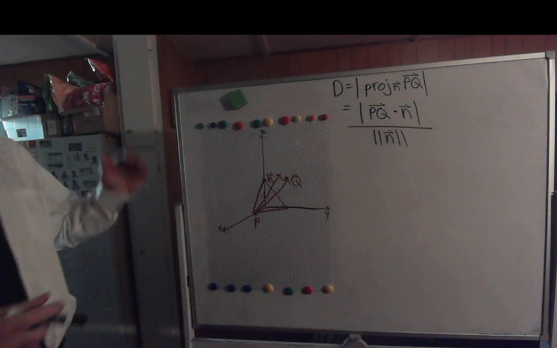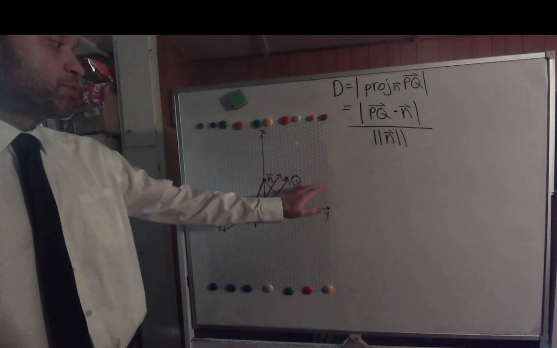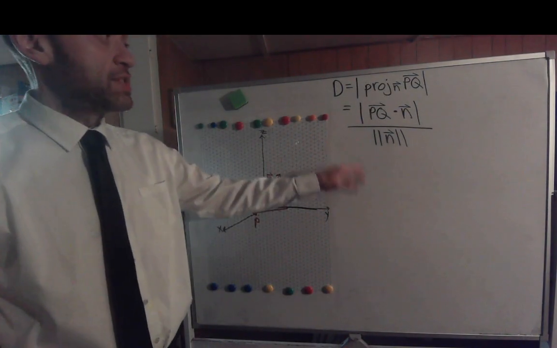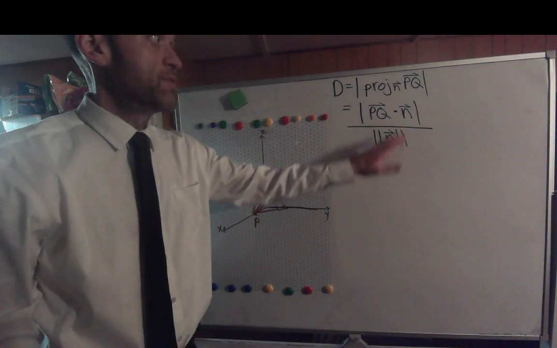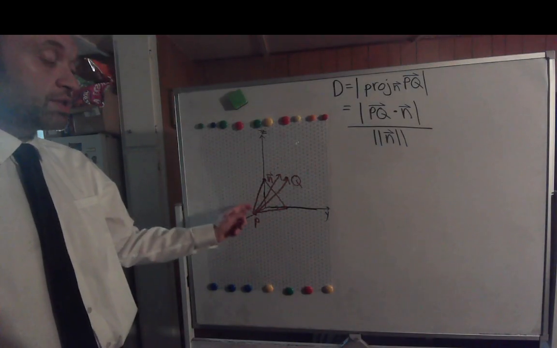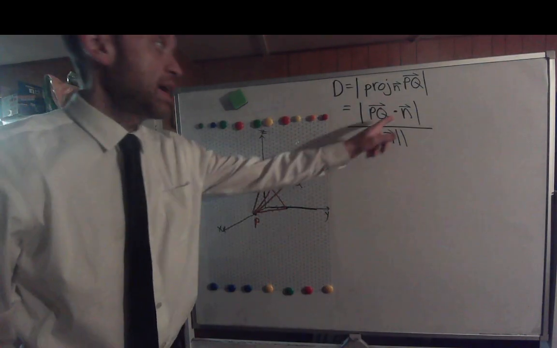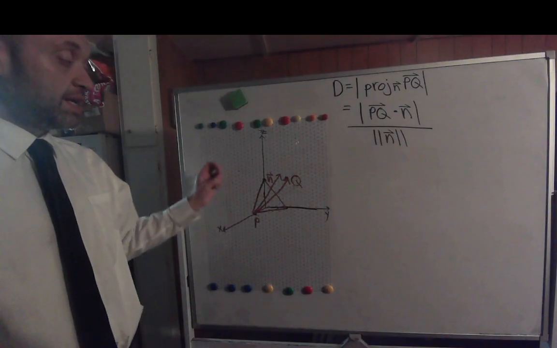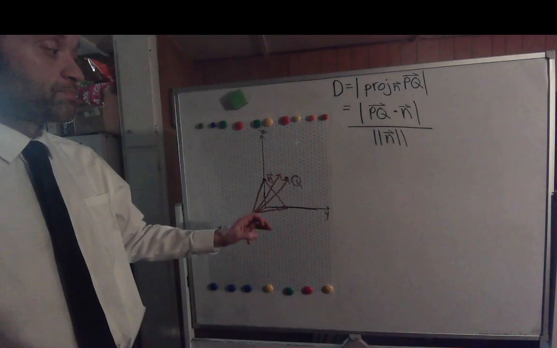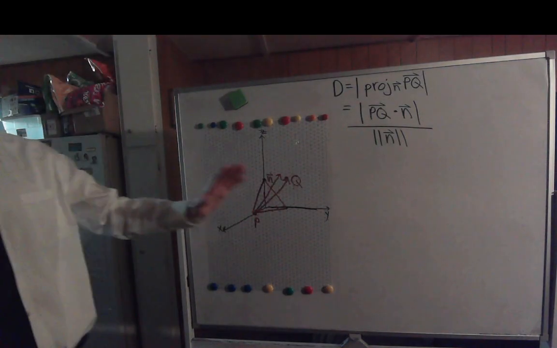So that is the formula for finding the distance between a point not on the plane to the plane itself. It's going to be the absolute value of the dot product of a vector PQ, where P is a point on the plane, to Q, which is outside of the plane, times the normal vector leading from the plane to outside the plane itself, divided by the magnitude of that normal vector.